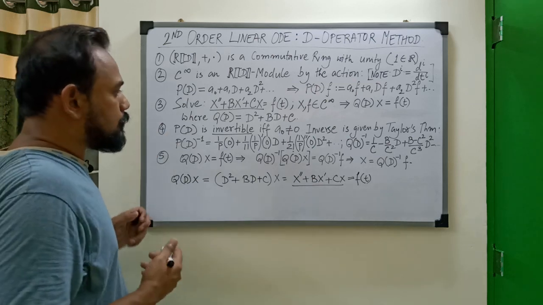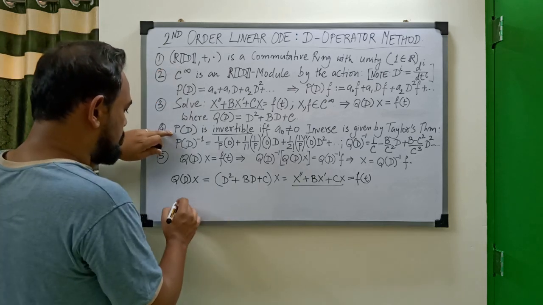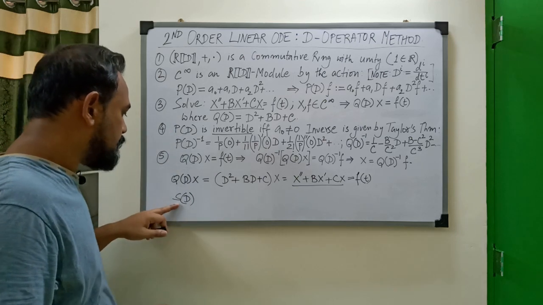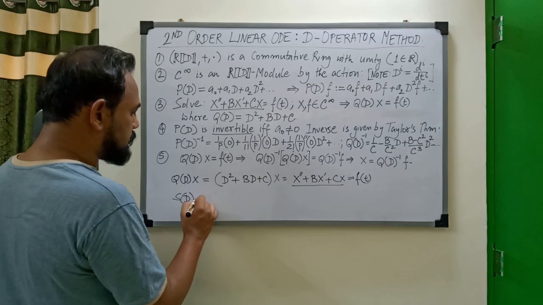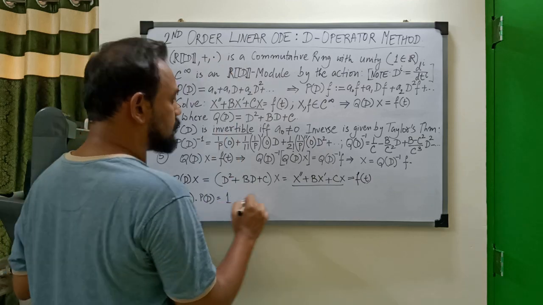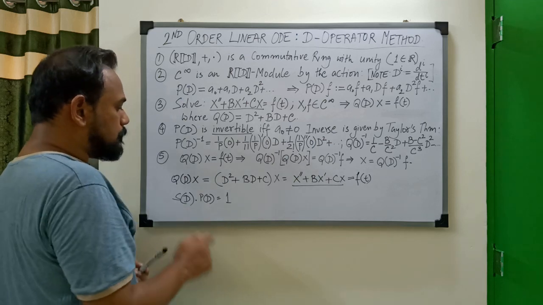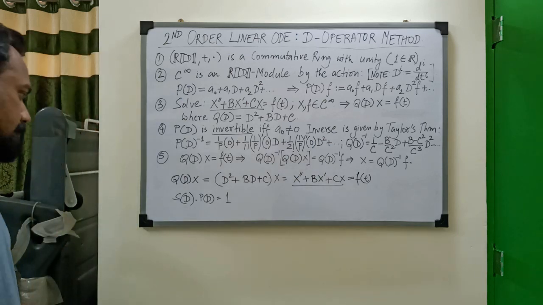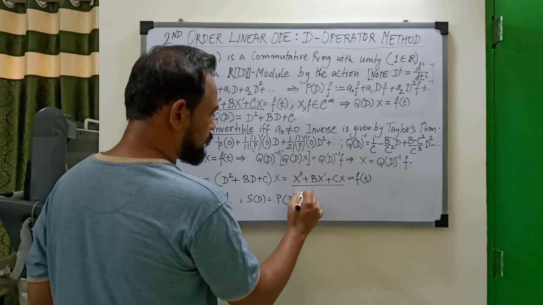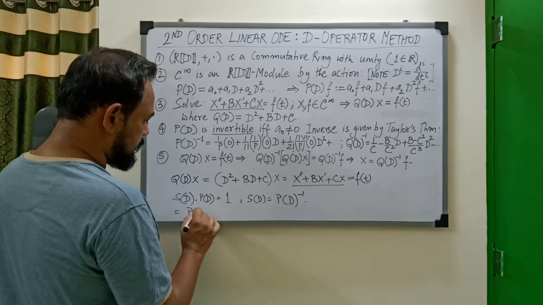So let's say I have an element P(D) from RD, and I can find another element S(D) from RD such that if I multiply S(D) with P(D), this gives me the unity in this ring, which is just the real number 1. If I can do that, then S(D) would be called the inverse of P. In this case, S(D) would be written as P(D) inverse. Of course, this has to be equal to P(D) dot S(D) as well.